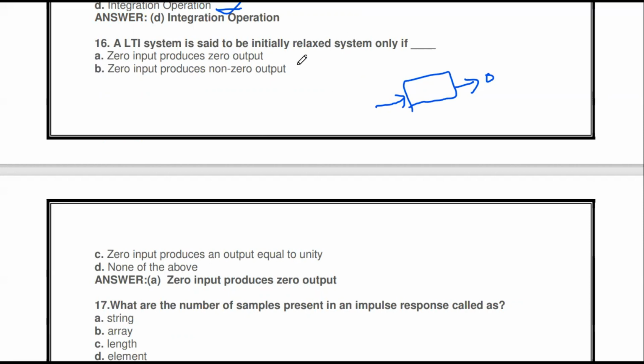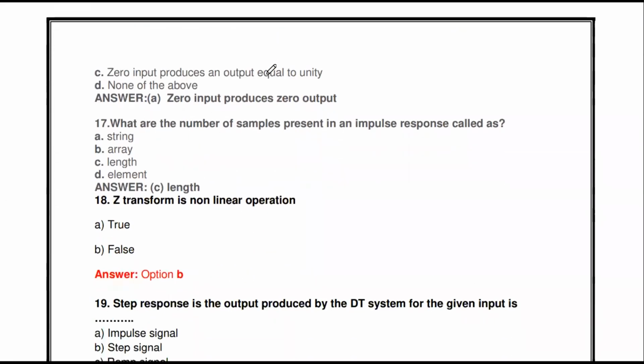That system is said to be initially relaxed. Here, zero input produces zero output; zero input produces non-zero output; zero input produces an output equal to unity; none of the above. So the first is the correct one. A is the correct answer.